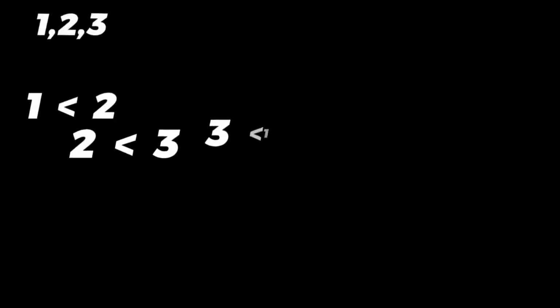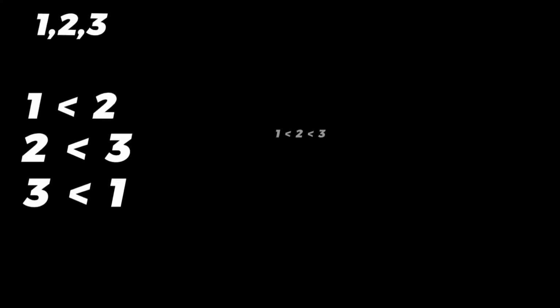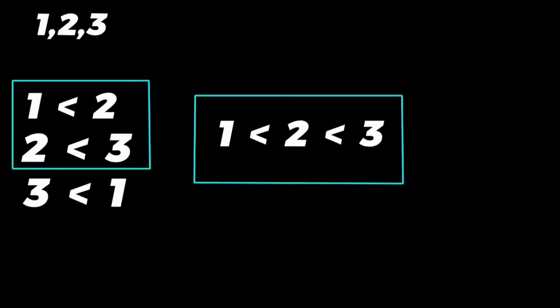Let me create a relation on objects 1, 2, 3. 1 is related to 2, 2 is related to 3, and 3 is related to 1. I wish the relation defined here is a meow relation. Let's find what others are also related. By transitivity 1 is related to 3.